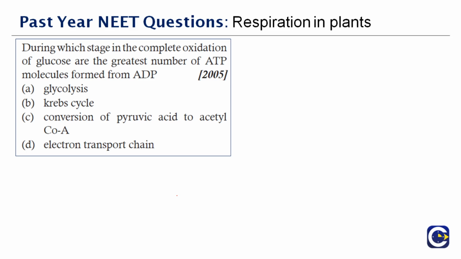Now, you know the full form of ATP, right? It is adenosine triphosphate. Now what can you say about the electron transport chain, the ETS pathway? How can you describe it? It is also called ETC. It is a series of complexes. What does it do?